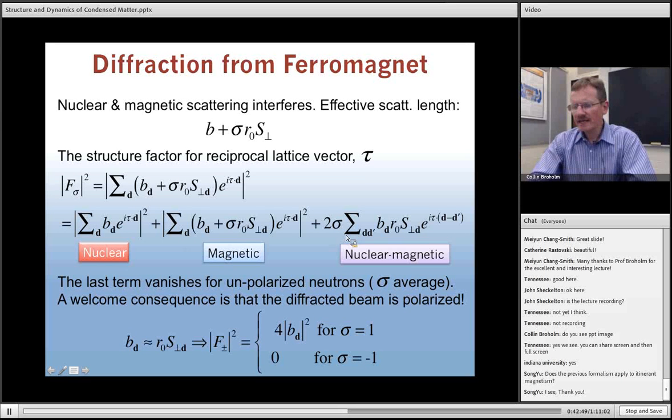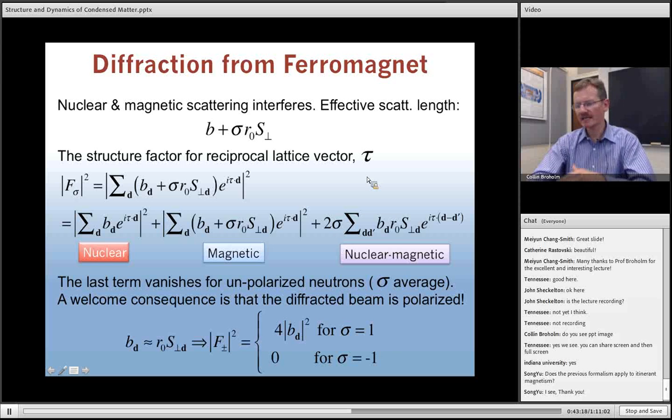So this term here will give me my nuclear Bragg peaks. This will place additional magnetic intensity on top of my nuclear Bragg peaks. So again, forget this BD plus. That will produce intensity on top of the nuclear Bragg peak, and then this term can actually add and subtract from that. But the interesting thing is that if I have an unpolarized incident neutron beam, then the sigma gets to be plus or minus. So this term actually will drop out.